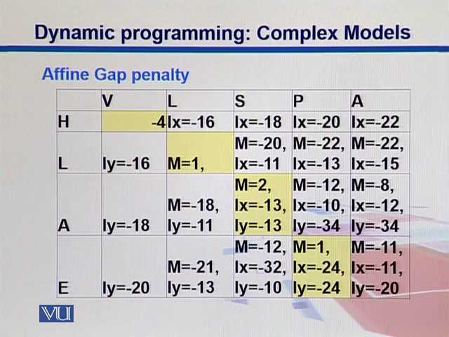The traceback pointers are on here. I'm just zooming in on a part of it. Over here, we try to pick up where we get the maximum score in any of those states. So for example, if we compare all these cells, we see that here match is the best explanation, and the score is 1.